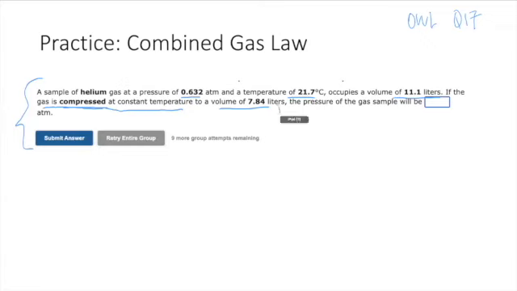So here we have 2 different volumes. We have 2 temperatures because it's telling us it's staying at a constant temperature. And if you accidentally thought, oh, this is the ideal gas law, when you start to plug in the volumes, you'll realize, wait, I have 2 of them. I don't have 2 places for it.